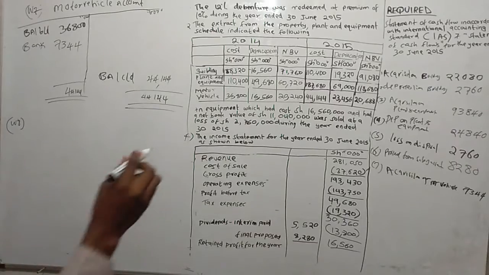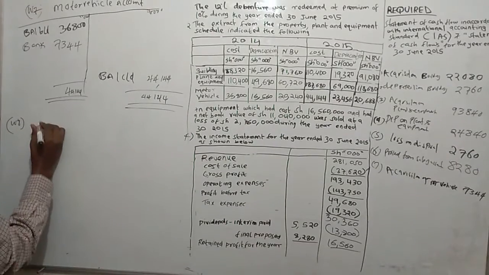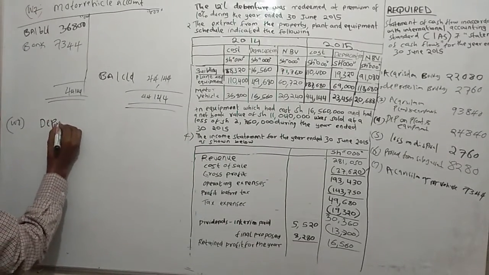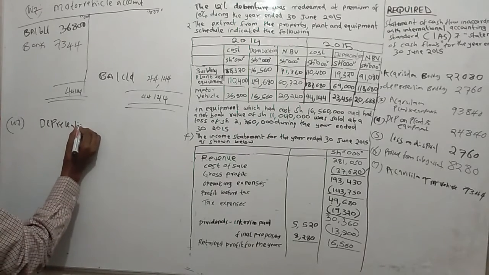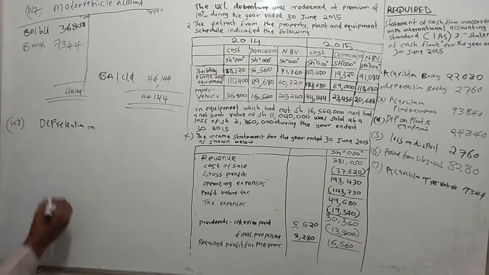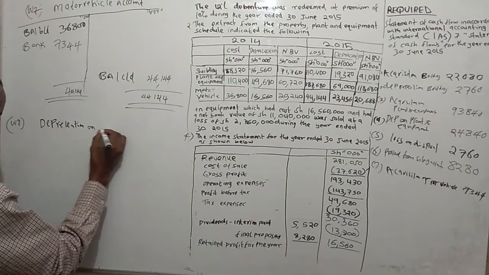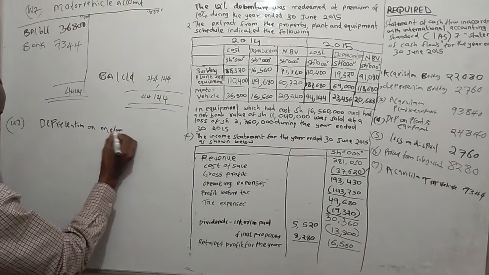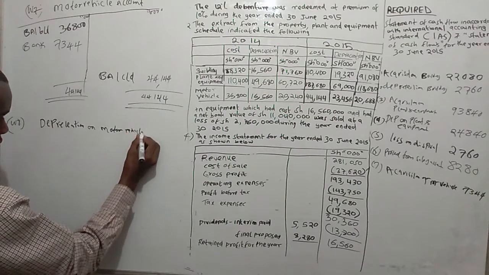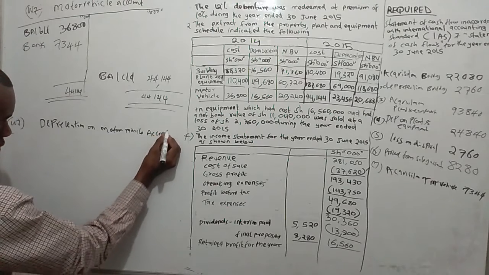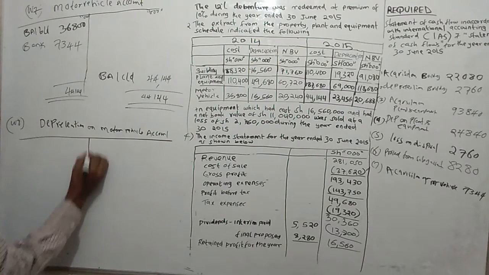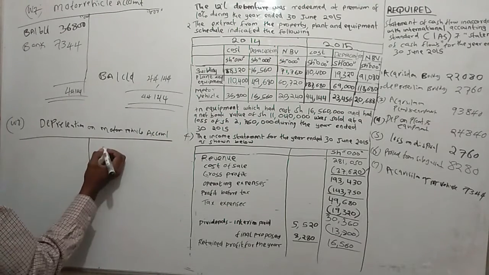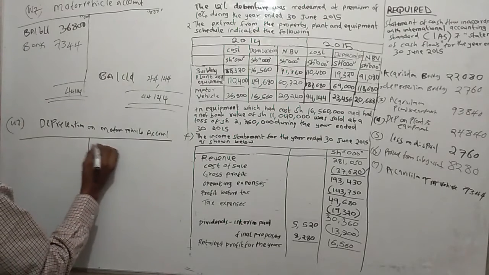The depreciation on motor vehicle account. So this is depreciation. The balance brought down will be on the credit side.